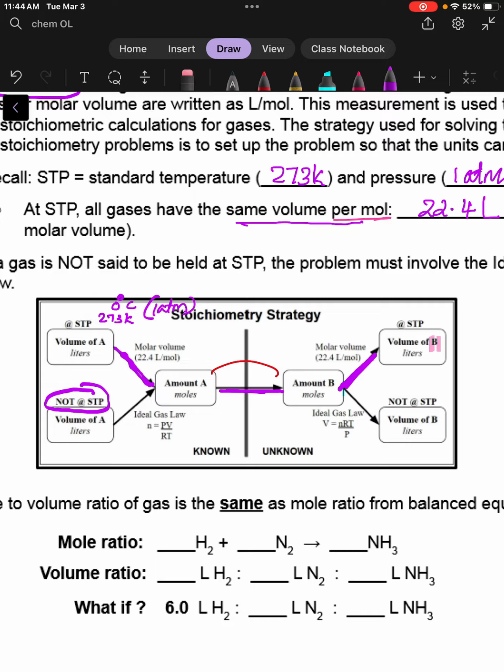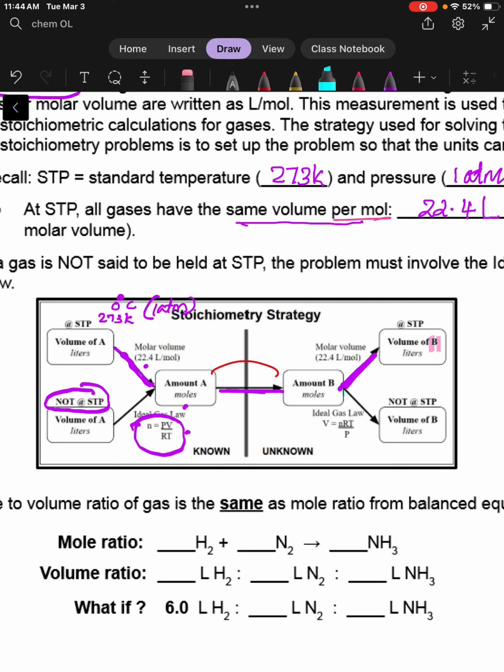But if it is not at STP, you are not allowed to use this conversion factor. We have volume given, but we need moles, right? So in that case, you use the ideal gas equation, just rearranged to find the number of moles.